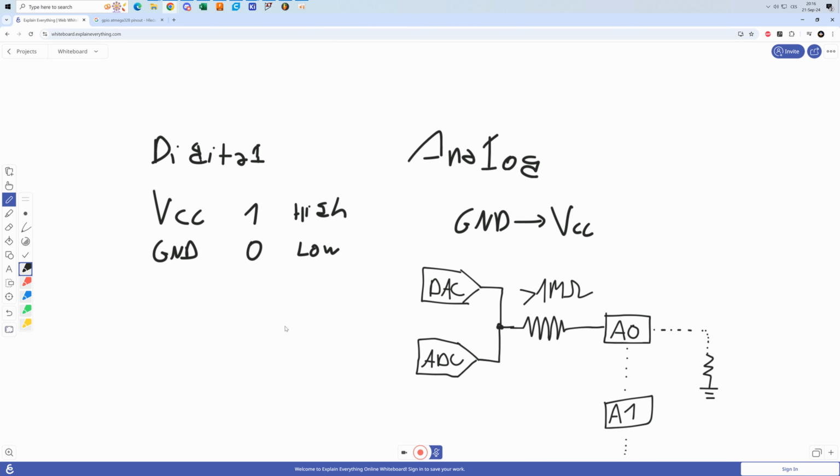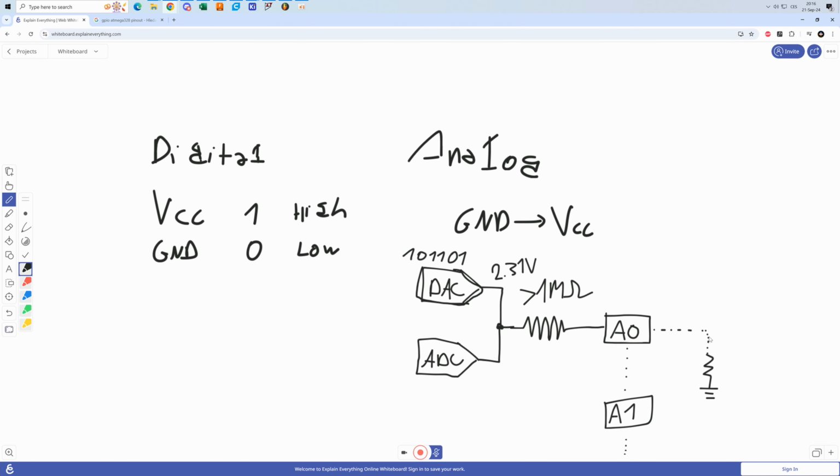So if you tell the output pin of the microprocessor to have some kind of voltage on its output, what you are actually doing is using the digital to analog converter first, which takes all those ones and zeros that the microprocessor is feeding and converts it to some voltage, let's say 2.31 volts or whatever.